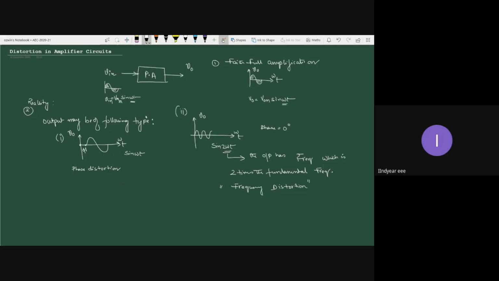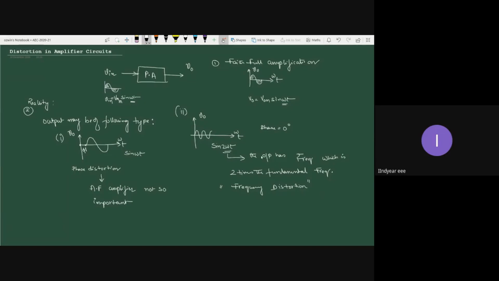Now, phase distortion is not a very important phenomenon in audio amplifiers, that is, AF, audio frequency amplifiers. Not so important. Why? Because phase distortion cannot be detected by human ears. Since human ears cannot detect phase distortion, you can neglect its effect.